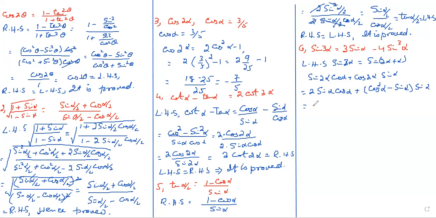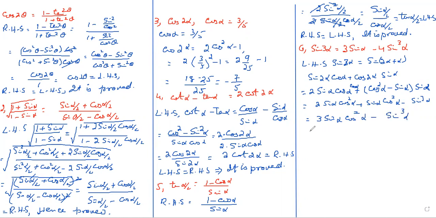We have 2 times sine alpha cosine square alpha plus sine alpha cosine square alpha minus sine cube alpha. So this becomes 3 times sine alpha cosine square alpha minus sine cube alpha.